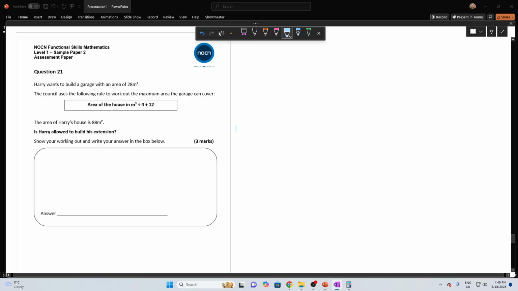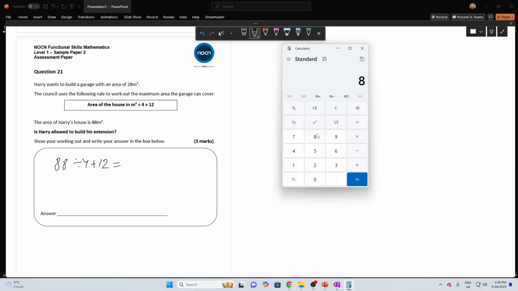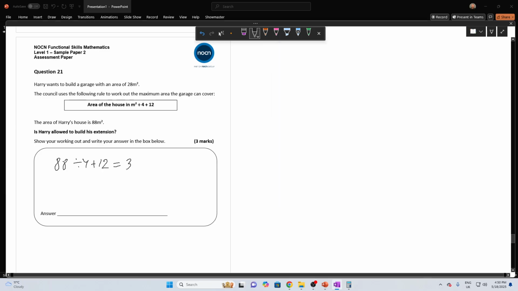Okay, so what we have to do, simply use the formula. So the area of the house is 88. We divide by 4 and then we add 12. So 88 divided by 4 plus 12, and it's going to be 34 meters square.